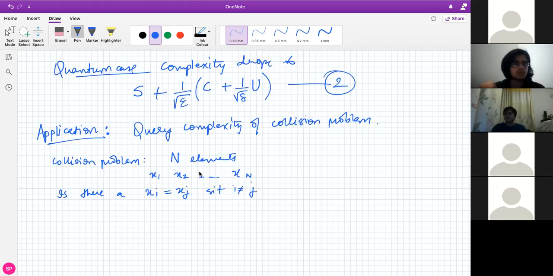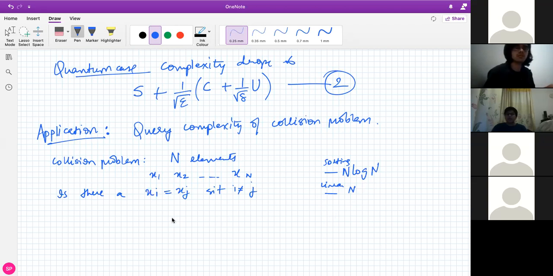Basically, all it wants to know is if there exists some element which repeats. Now, clearly, we have an n log n time algorithm, right? You can just first sort the entire list, and then you can check for neighbors, which takes linear time. So sorting takes this much, then in linear amount of time, you can check neighbors. So you have this n log n algorithm.